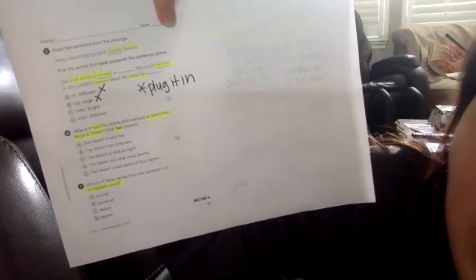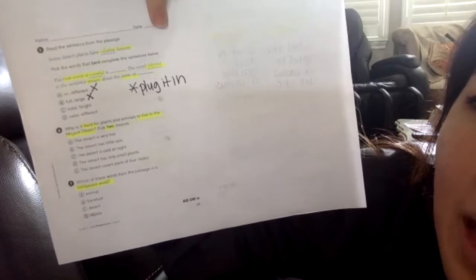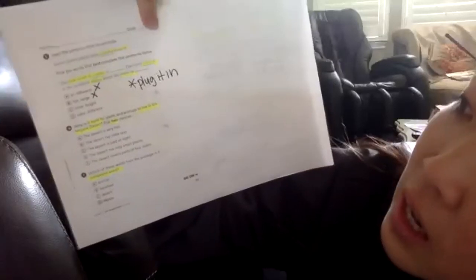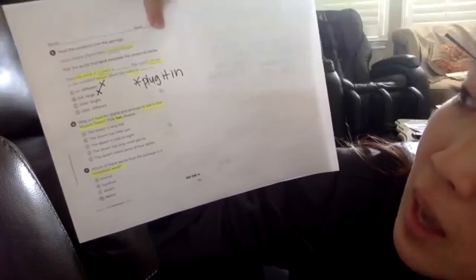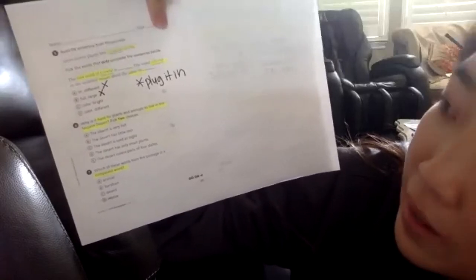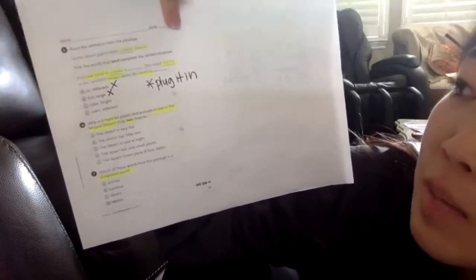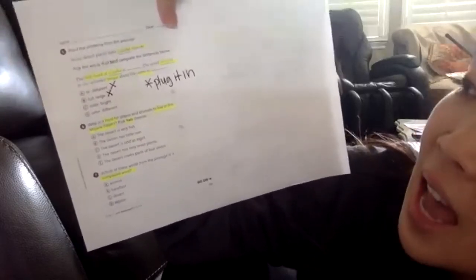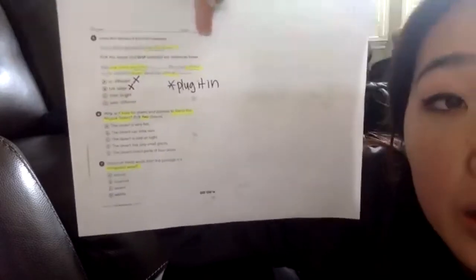So the root word for colorful is color. The word colorful in the sentence means about the same as blank. We are going to plug it into the sentence. So it says, some desert plants have bright flowers, or some desert plants have different flowers. Which one do you think, bright or different? Which one makes the most sense when you plug it in and will keep the meaning of colorful?